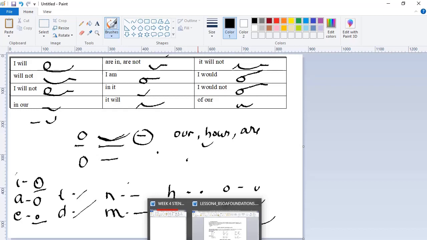All you really have to do is have patience and spend time reading your modules, watching these videos and writing. Writing is very important. The more you write, the more familiar you become with these strokes, and the easier it will be for you to understand, to transcribe, and to use this shorthand writing. Okay, so that's it everyone.